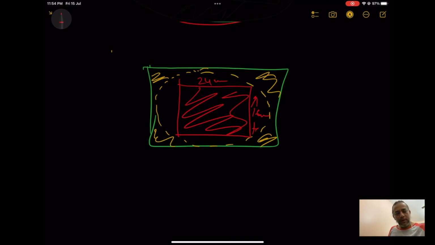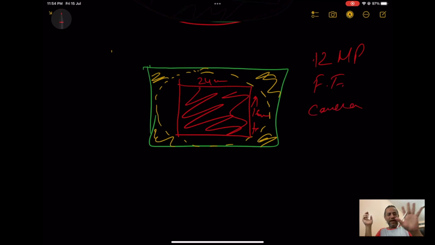Now imagine you are having a 12 megapixel full frame camera, which is excellent for low light. You are going to get 5 megapixel in crop mode.